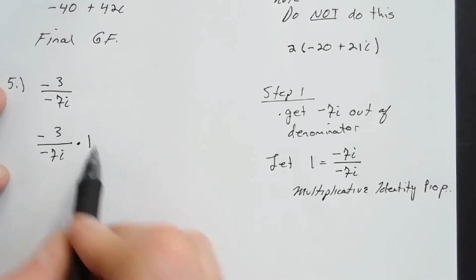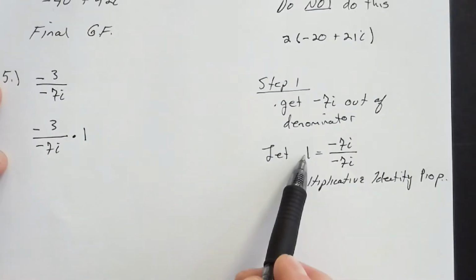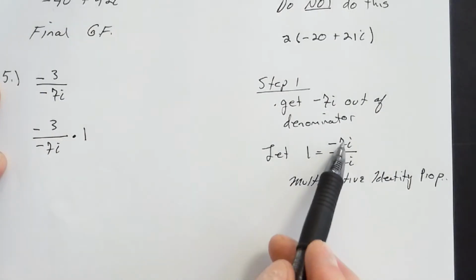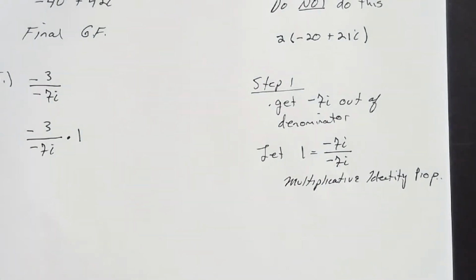Here we're using the multiplicative identity property. We let 1 be equal to this because we don't want to change the value, we just want to change the facade. We want to manipulate it so that we can work with it.